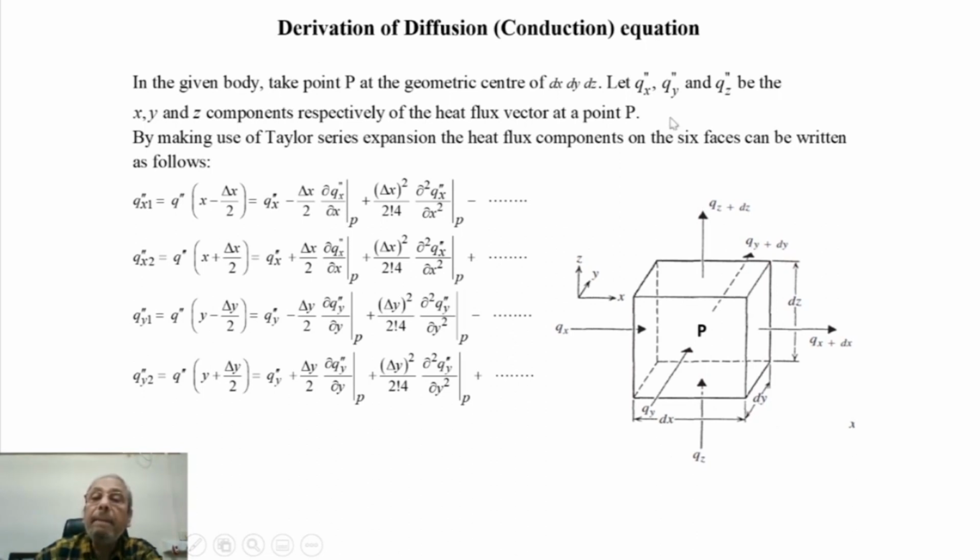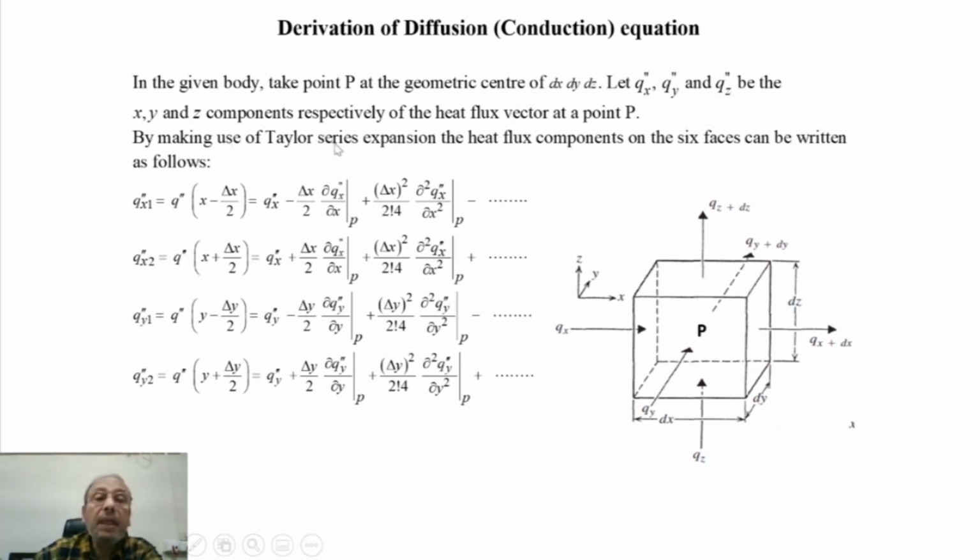Let qx double prime, qy double prime and qz double prime be the x, y and z components respectively of the heat flux vector at point P. The resultant heat flux vector is q double prime, with x component qx double prime, y component qy double prime and z component qz double prime.